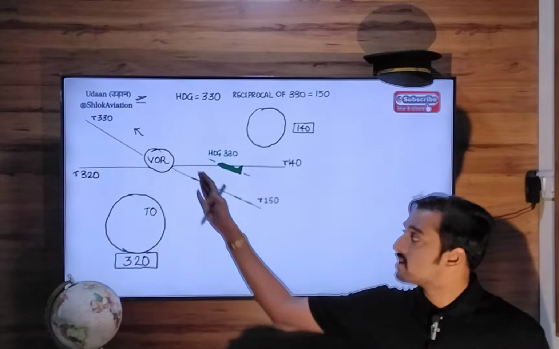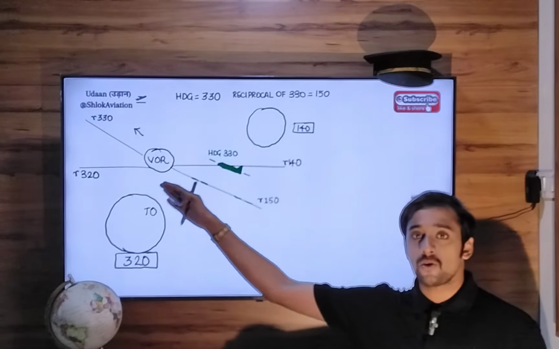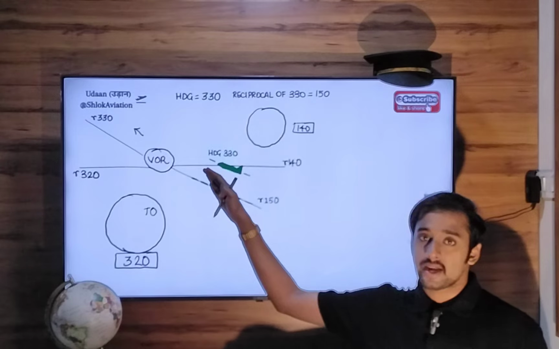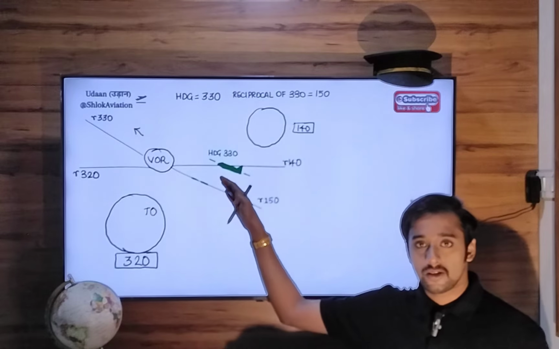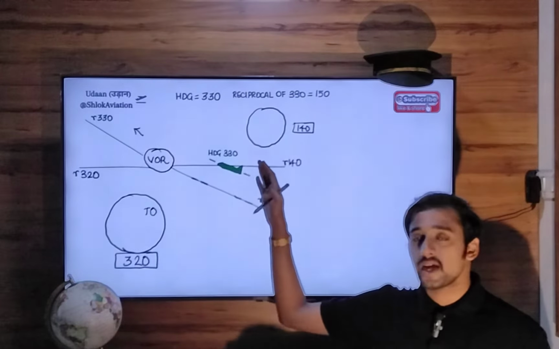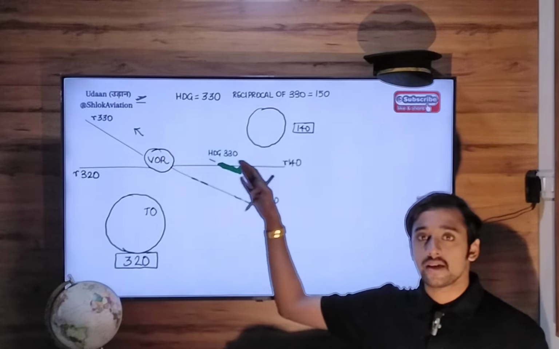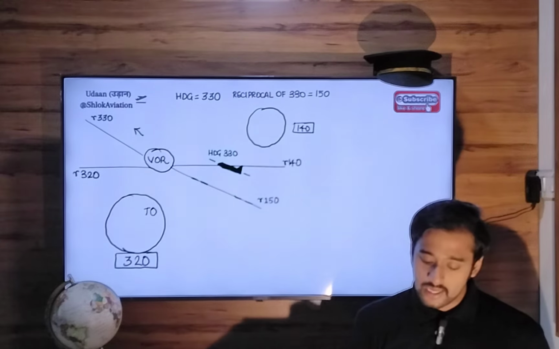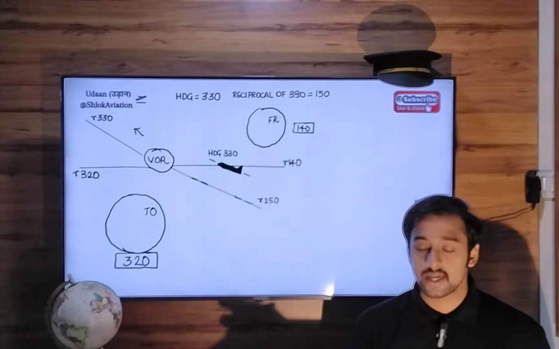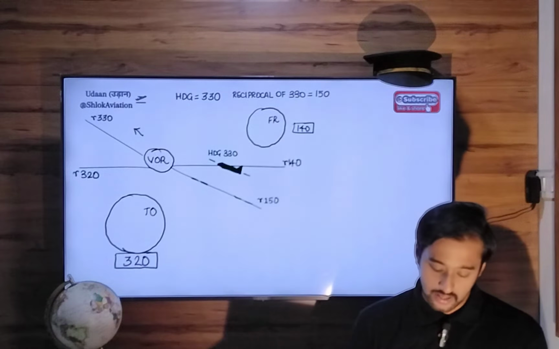So any radial which is on this side of the VOR, taking the aircraft away from the VOR, not only 140 but any number, and therefore it is getting a FROM indication, right?